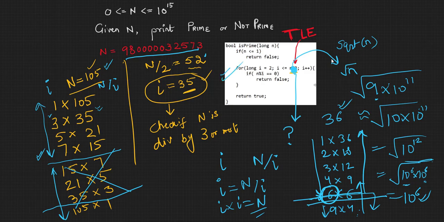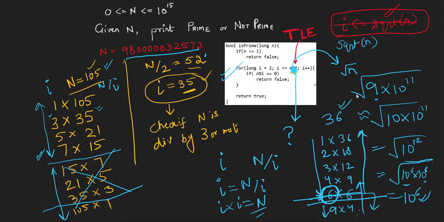Now, one thing I would advise when we are writing this code, we have two ways of writing the condition. We can write i less than or equal to sqrt of n. If we are doing that, we are actually calling a built-in function. We don't know what is the time complexity of that function. If that function takes more time, then our code will become much slower.